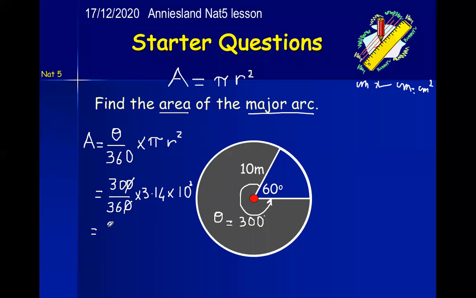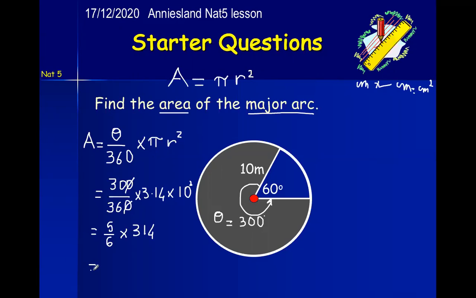So 5 over 6 should be at the end what I'm getting, times 314. So 5 times 314 divided by 6, and that is 261.